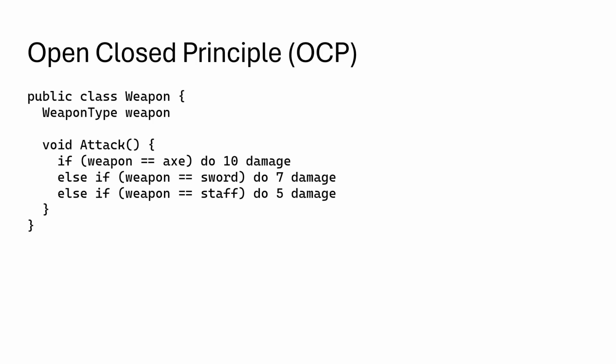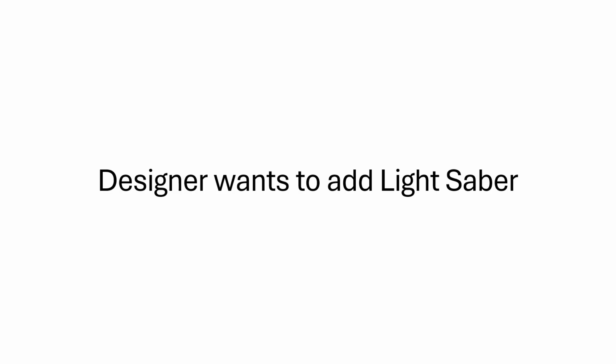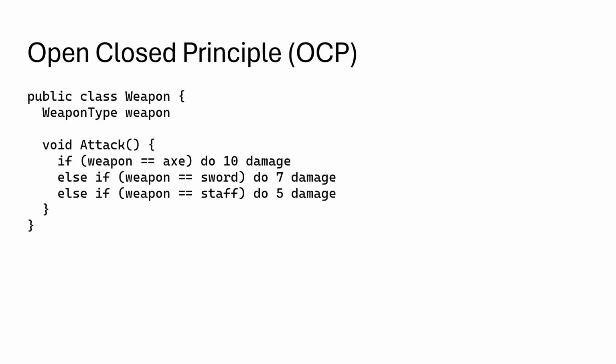So what happens now is that your designer tells you, I want to add a lightsaber. How will you do it? When we look at this code, the straightforward approach is you just add a new weapon type called lightsaber, and add another else if check inside of the attack method.